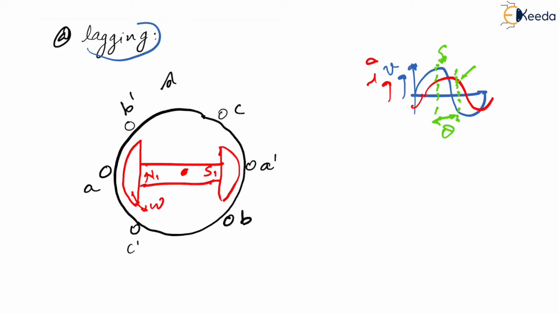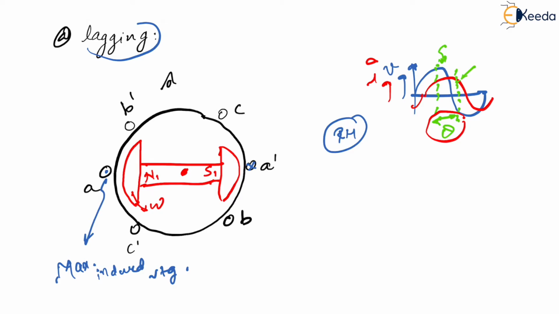So now, by using the right hand rule, you get that here I will get dot and here I will get cross induced voltages. These are going to be the maximum induced voltages, correct? Now where will be my I max? Since it is lagging by some angle theta, it will be somewhere here.